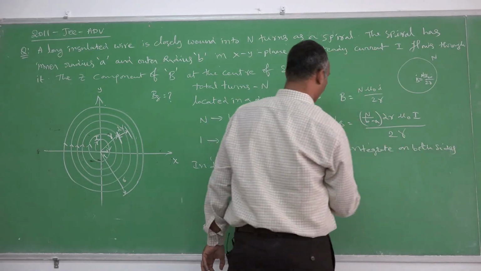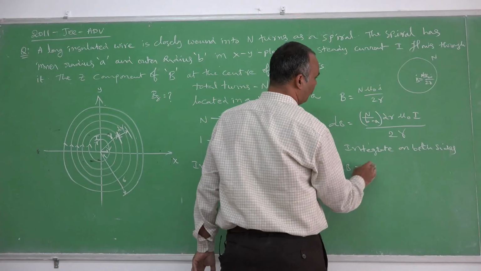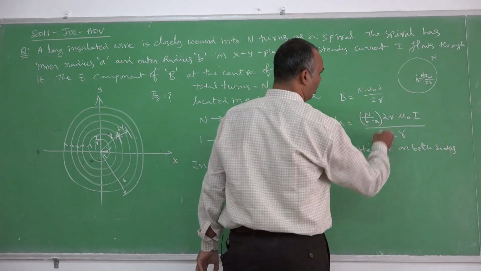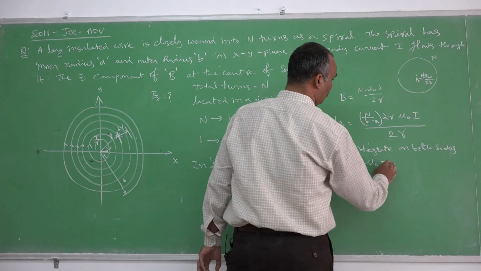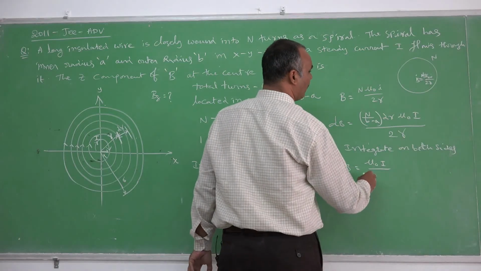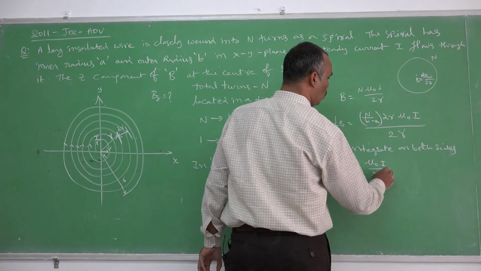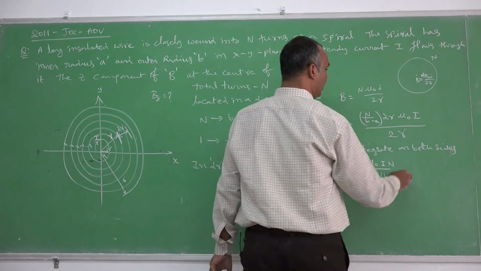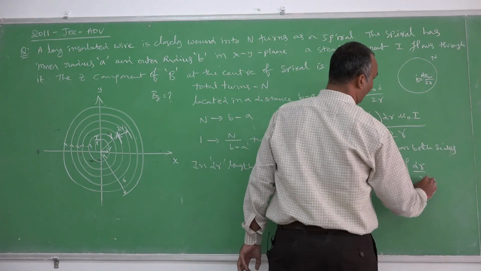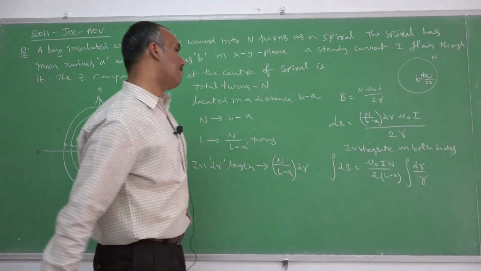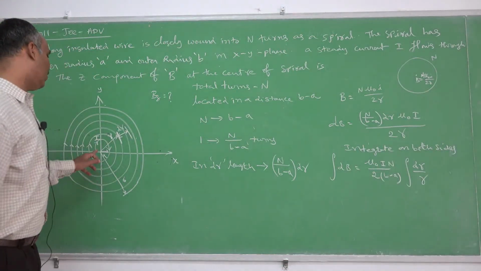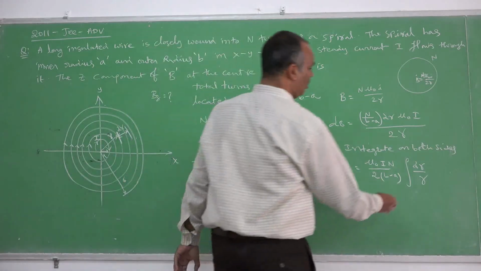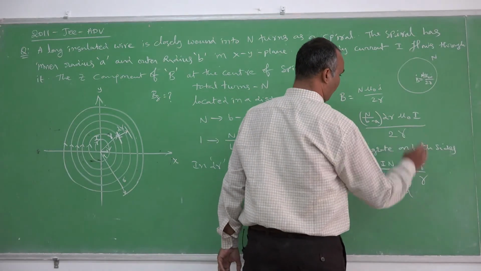Integral dB equals, keeping constants outside, mu naught I by 2, n also constant, b minus a also constant, integral dr by r with r as the variable. r varies from a to b, inner radius a, outer radius b.